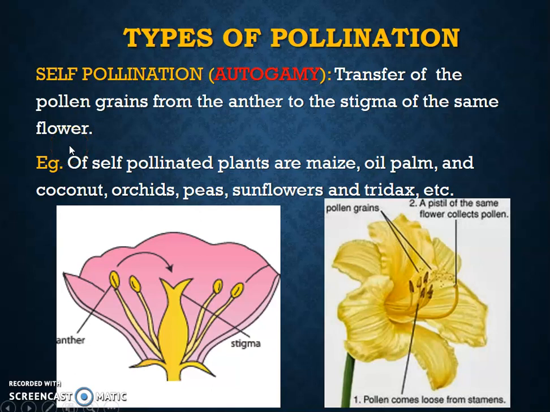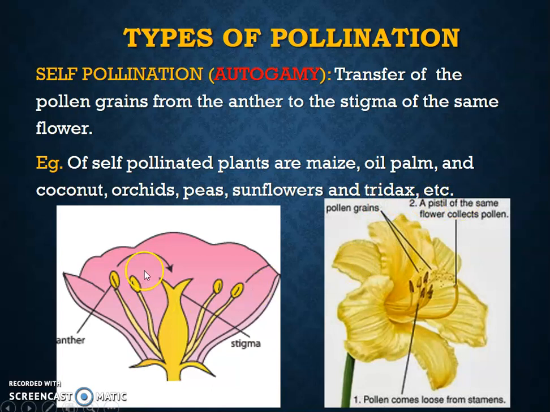In this case, the pollen grain will move from the anther and settle on the stigma, but it has to be of the same flower. Examples of plants that undergo this type of pollination include maize, oil palm, coconut, orchids, pea, sunflower, tridax, etc.